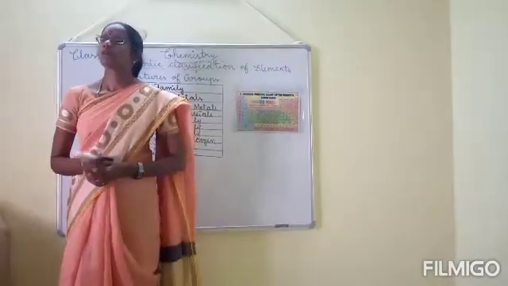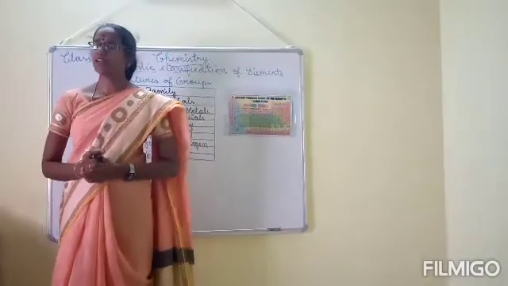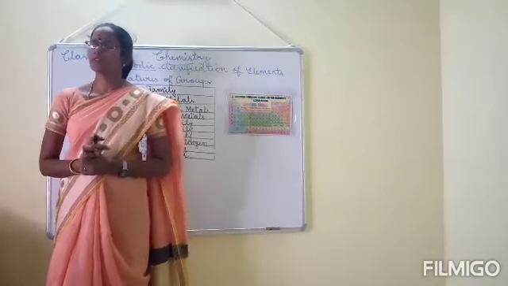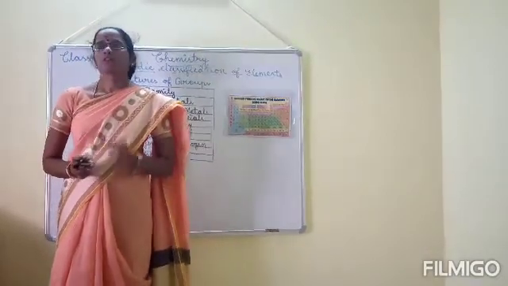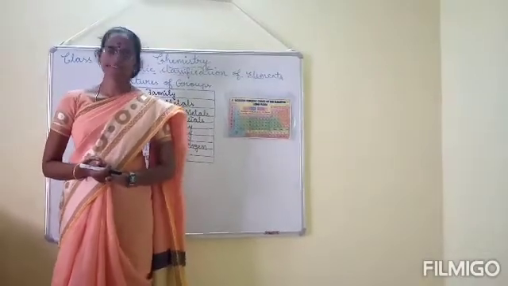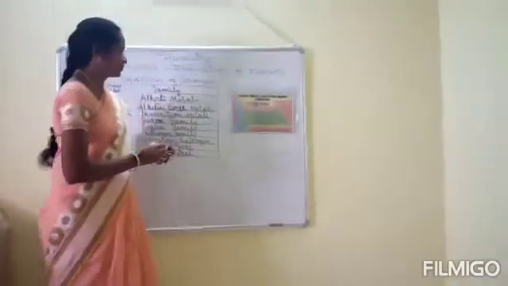Elements in the same group have the same valency and the same chemical properties. What is the reason behind this? This is due to electronic configuration. For example, we can take the first group elements.